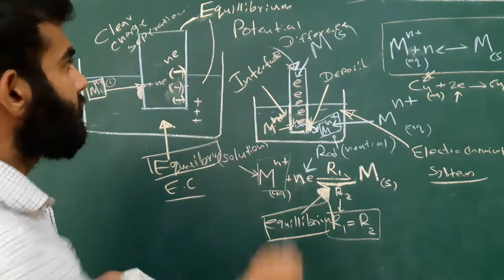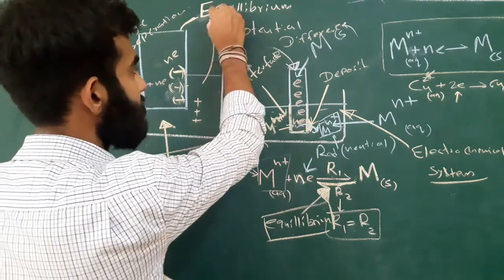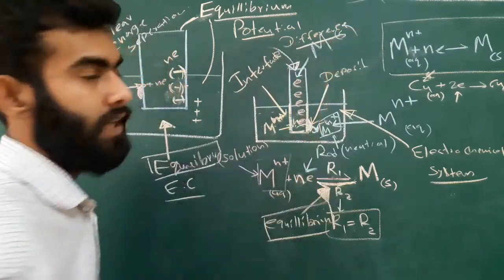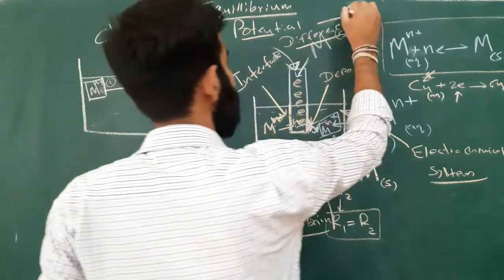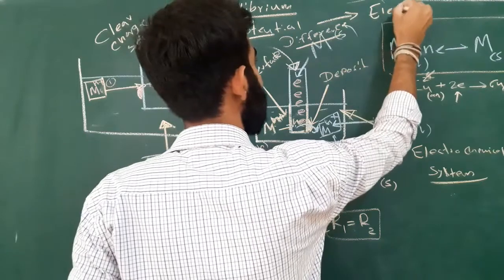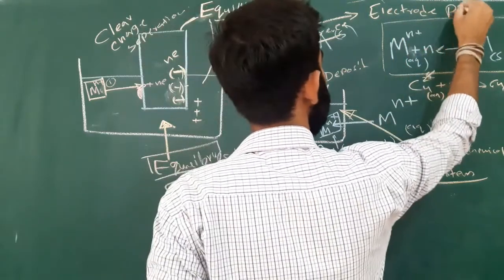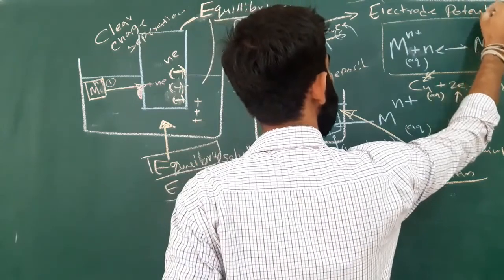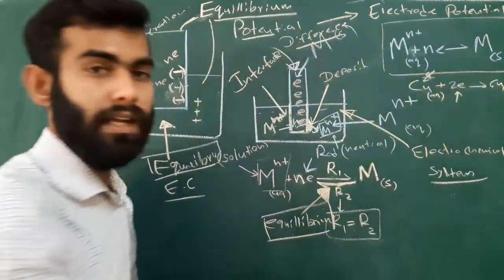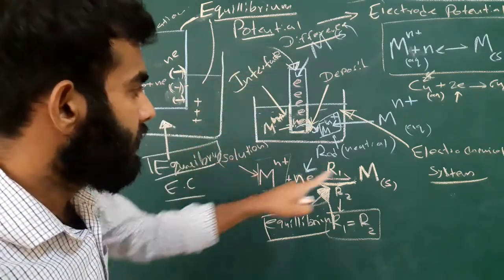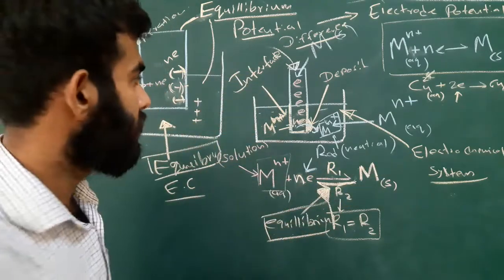At that time we call that charge separation the equilibrium potential difference. Actually that is the electrode potential. So this system is called an electrochemical system. Okay.